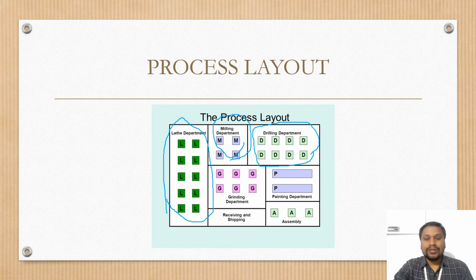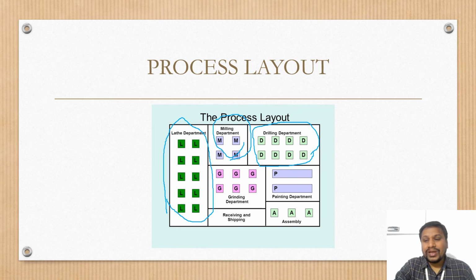According to function, or operation, for the turning operation all lathe machines are placed at one location. For milling operation, all milling machines are at another location. According to drilling operation, all drilling machines are at another location. So this is process layout, and the grinding machines are placed at another location. It is an example of process layout.